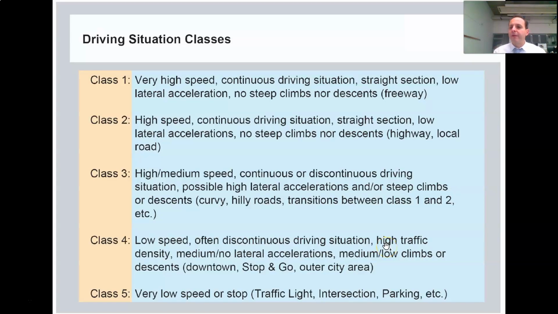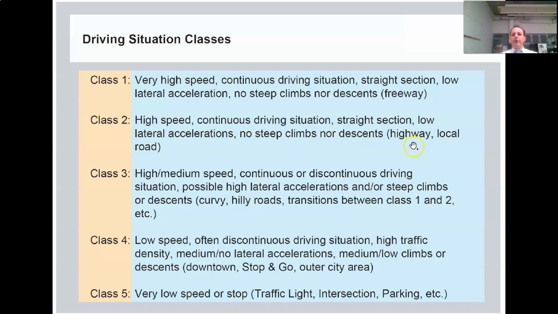And we can have different driving situation classes. For example, class 1: very high speed, continuous driving situation, straight section, low lateral acceleration, no steep climbs nor descents. For example, this is the case of the freeway. Class 2 can be identified with high speed, continuous driving situation, straight section, low lateral acceleration, no steep climbs nor descents.